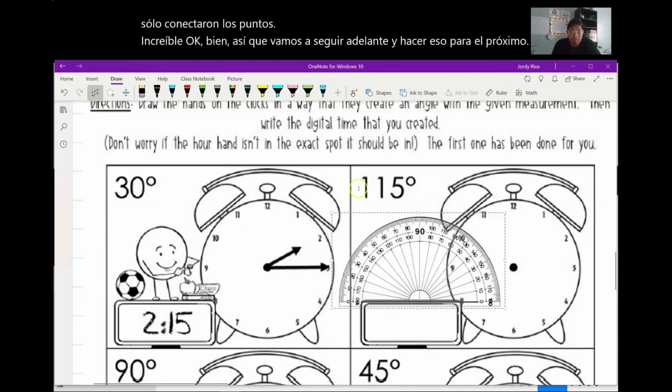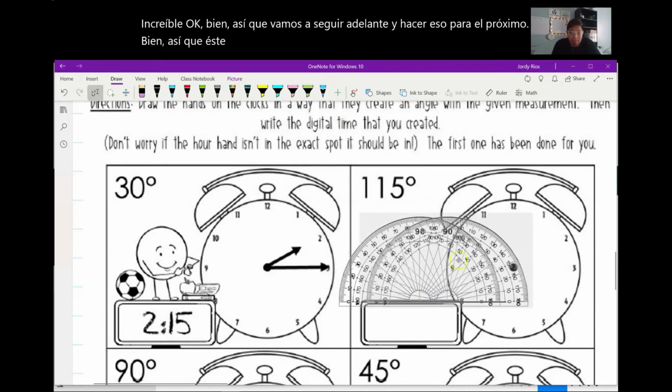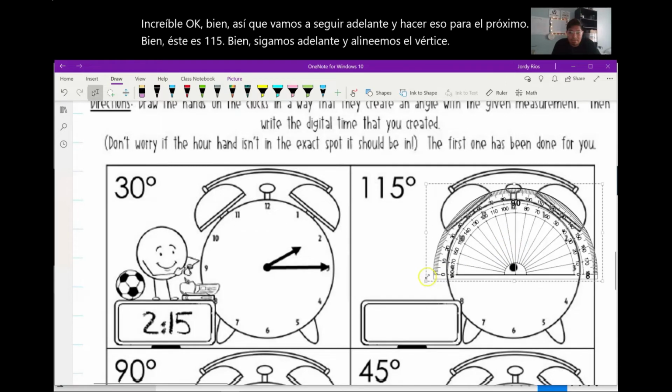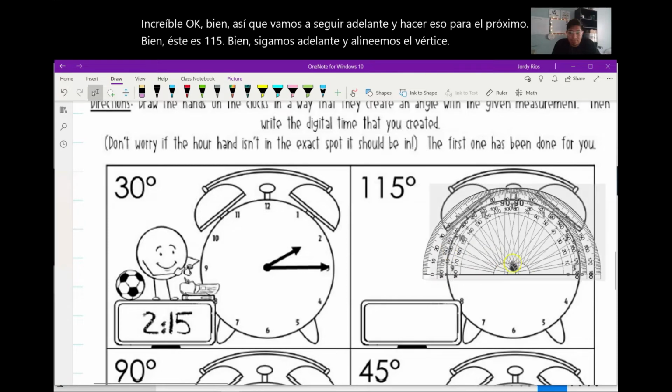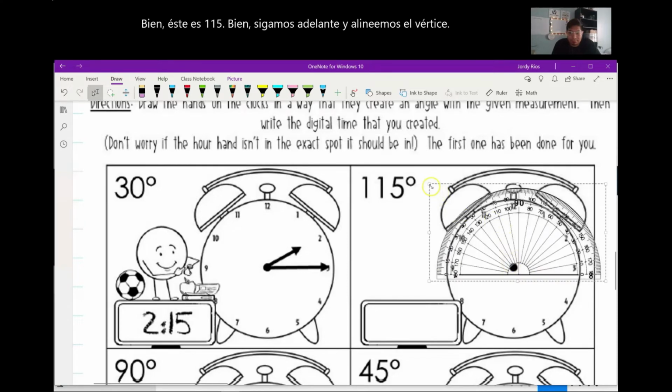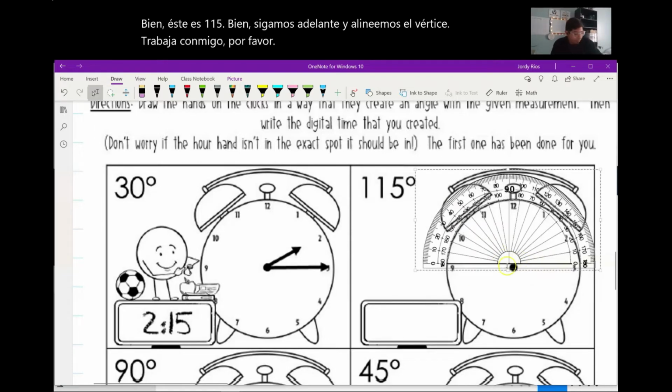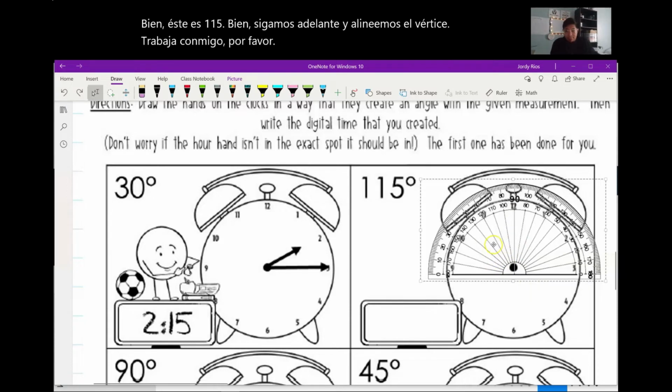This one is 115. So let's go ahead and line up the vertex. Work with me, please. Right there.